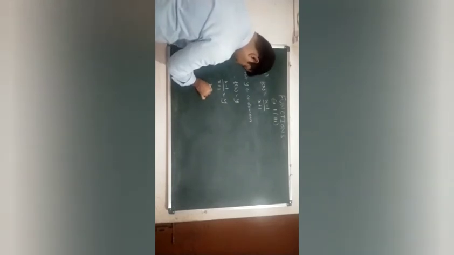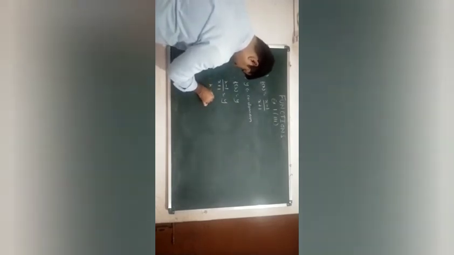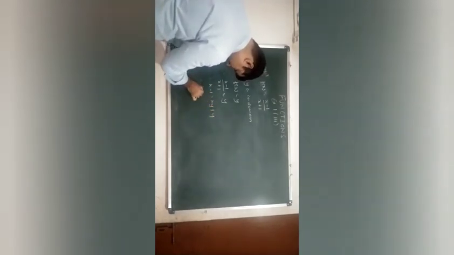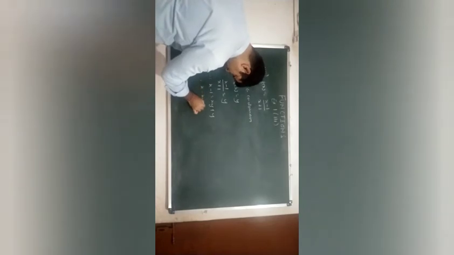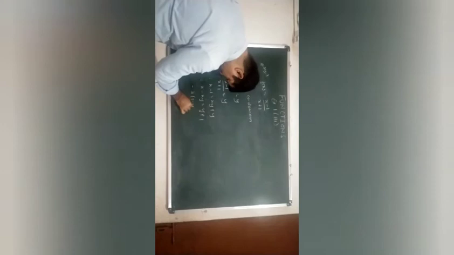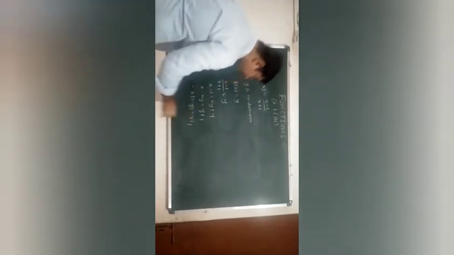Therefore x minus 1 is equal to xy plus y. Therefore x minus xy is equal to y plus 1. Therefore x into 1 minus y. Okay, therefore x is equal to y plus 1 upon 1 minus y.